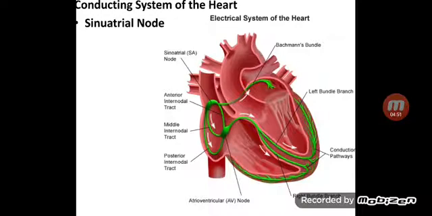So the conducting system of the heart is what takes the green color in your slide: the sinoatrial node, the atrioventricular node, atrioventricular bundle, right bundle branch, left bundle branch, and Purkinje fibers, which we call the subendocardial plexus because they run under the endocardium.